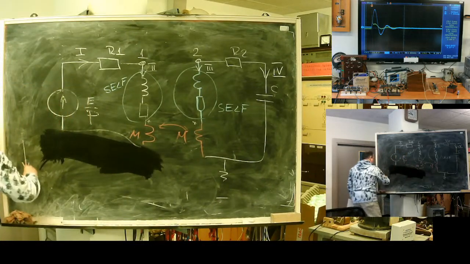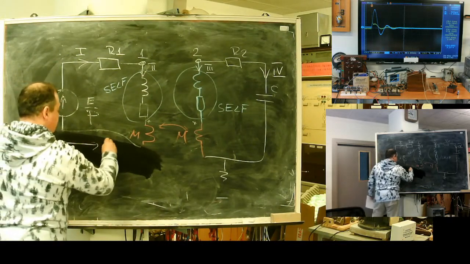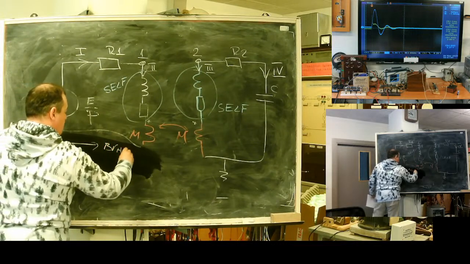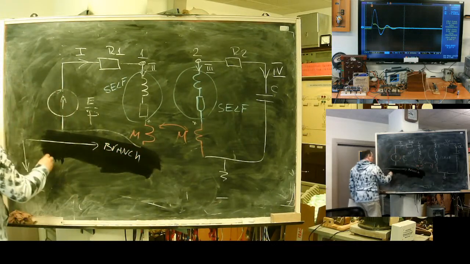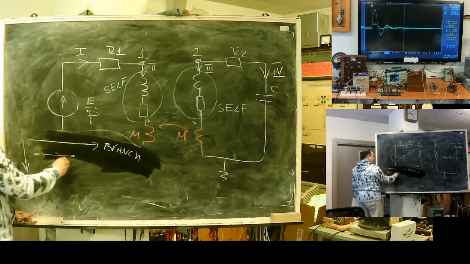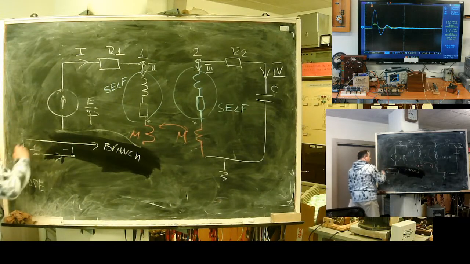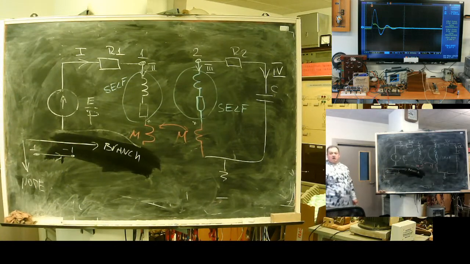Topology matrix, nodes, branches, and the rule is: if a branch inflows into a node, I should write -1. If it flows from the node, I should write 1. And if there is no connection, 0.